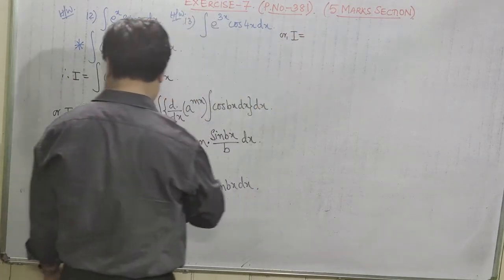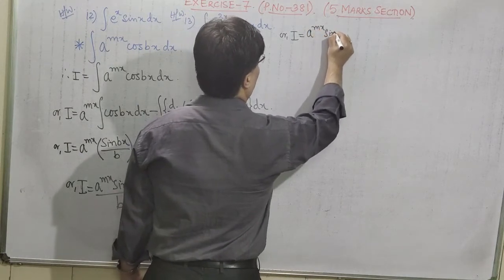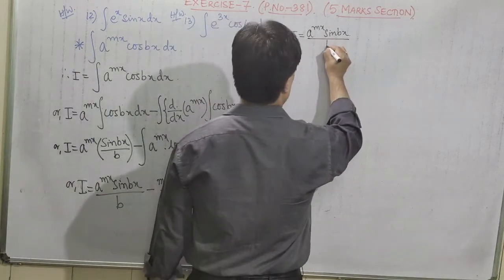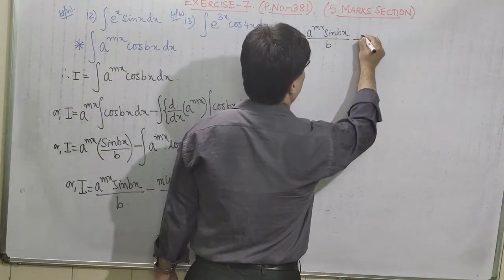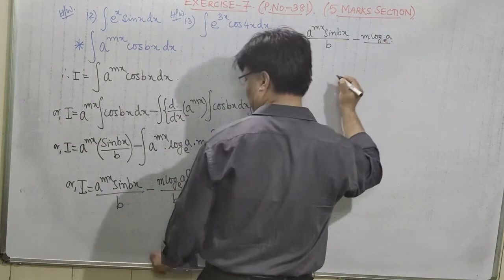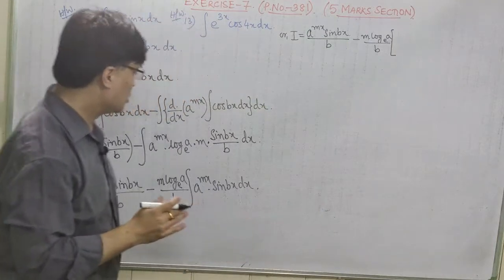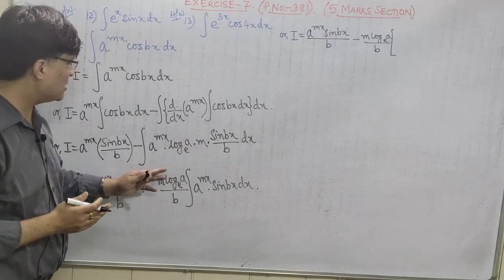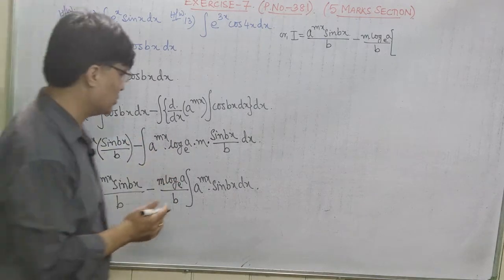I is equal to a to the power mx sin bx divided by b, right? Then minus m log a base e divided by b, and within the third bracket you can use integration by parts in this case. So in this case also, a to the power mx is taken as the first function and sin bx as the second function.